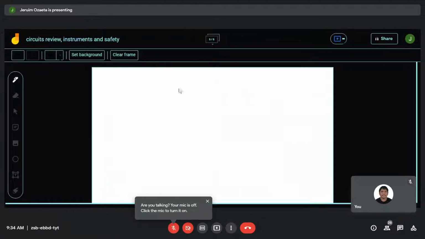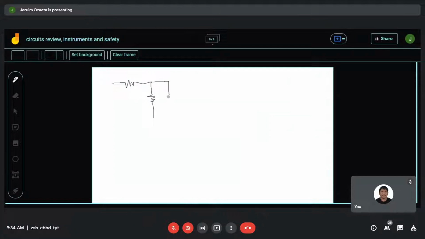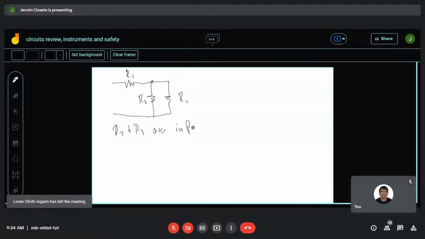Notice that R sub 2 and R sub 3 are in parallel.